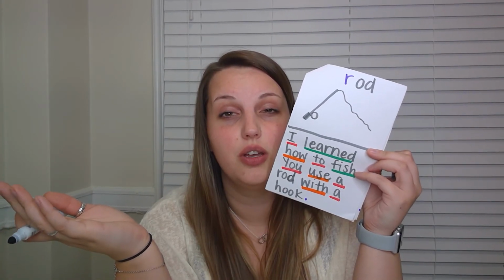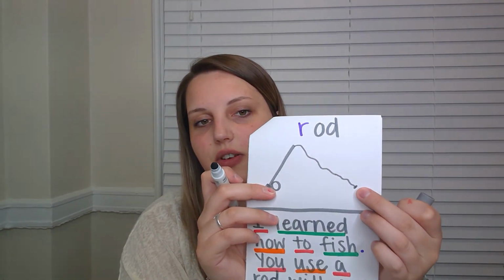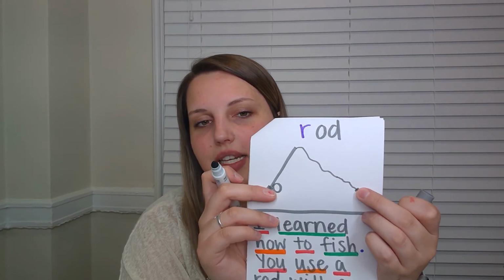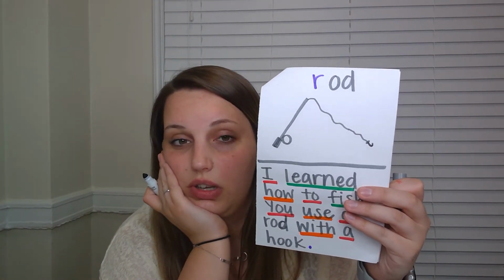Rhymes with look. A hook, right. So I'm gonna draw a little hook. I'm gonna draw like a little flat thing first. That shows where it would tie to the end of the string. And then I'm just gonna make a little J. Like a, there we go. Here's my hook. So that's what you'd use to catch fish.